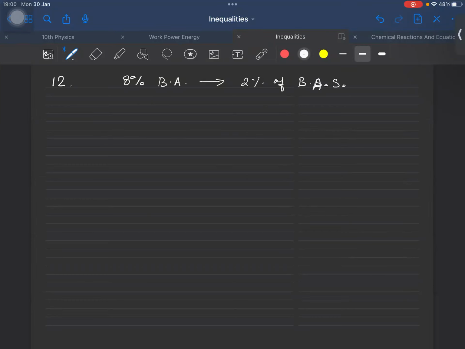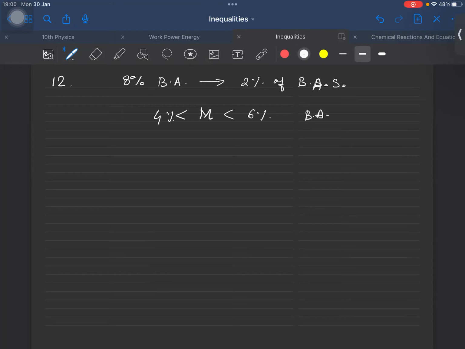Then the resulting mixture is to be more than 4% but less than 6%. So the mixture should be greater than 4% and less than 6% of boric acid.